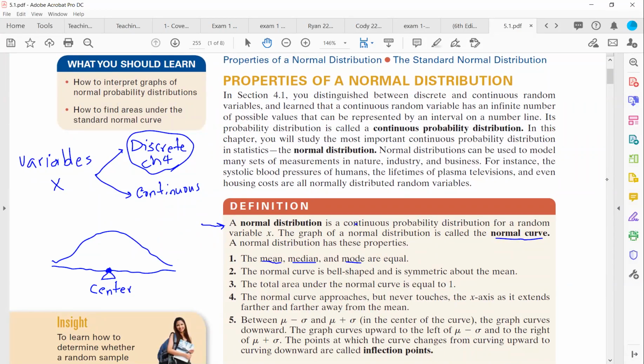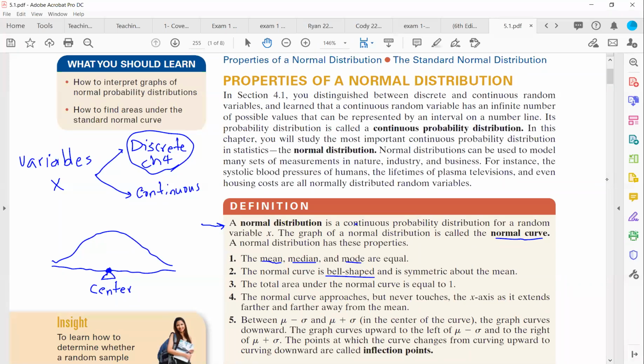Two, the normal curve is bell-shaped. It is symmetric with respect to the mean. So this is the center. If I fold this graph, I have symmetry with respect to the vertical line, which lands on the center, mean, mode, or median.